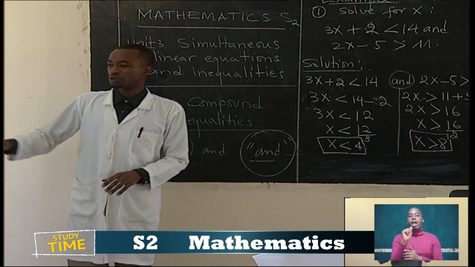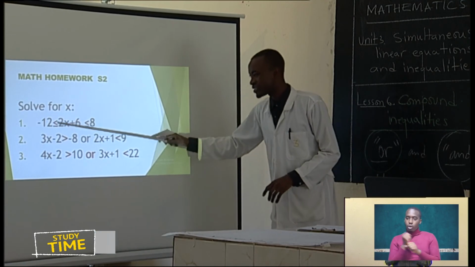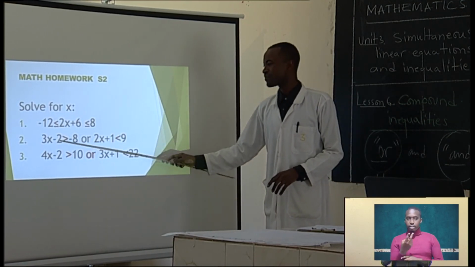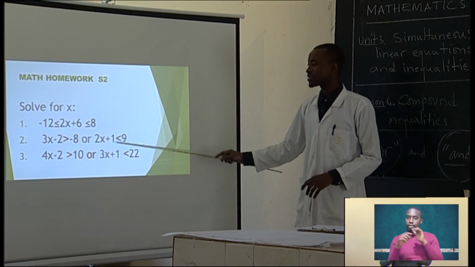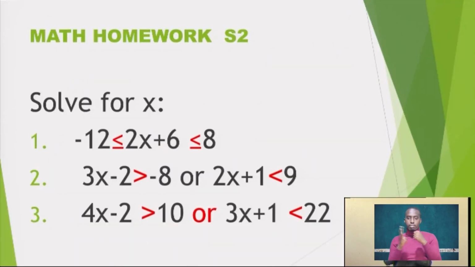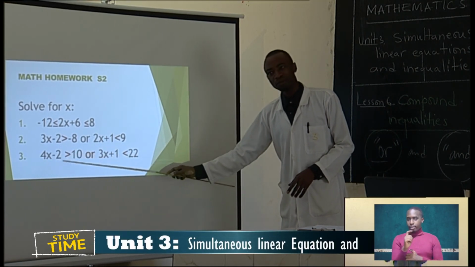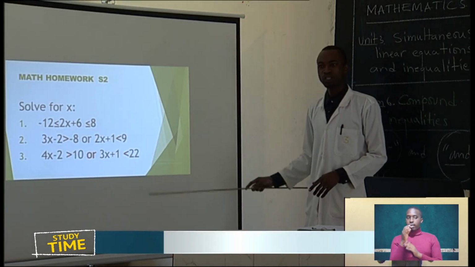It means you will solve for this part, and again you solve for this part, then you get the answer. And the second one is 3x minus 2 greater than negative 8, or 2x plus 1 less than 9. Here it's okay because you have the word or. And then here we have 4x minus 2 greater than 10, or 3x plus 1 less than 22.